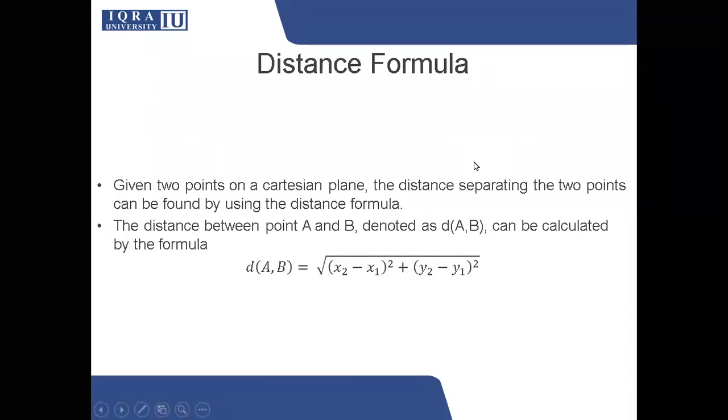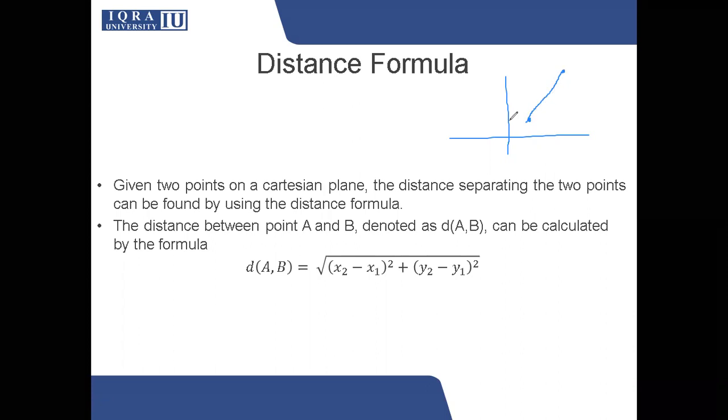And now the distance formula. So we found the midpoint, and now we're going to find the distance. Given 2 points on a Cartesian plane, the distance separating the 2 points can be found by using the distance formula. We'll have some point and another point, and we'll join both points with a line and calculate the length of this line.